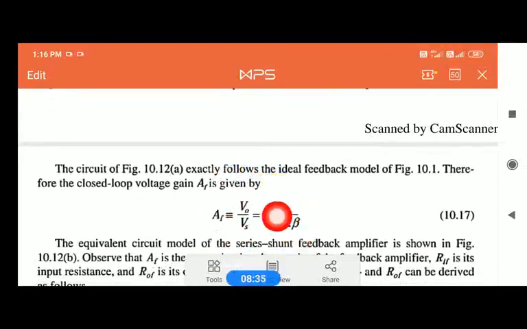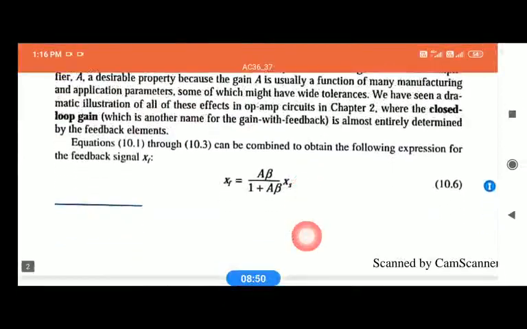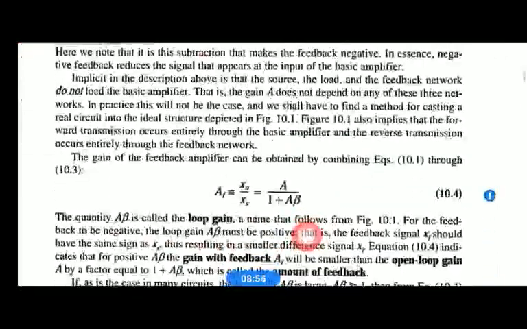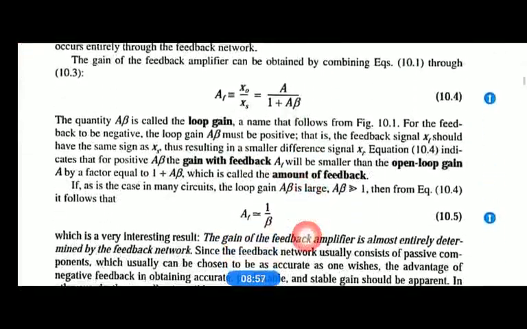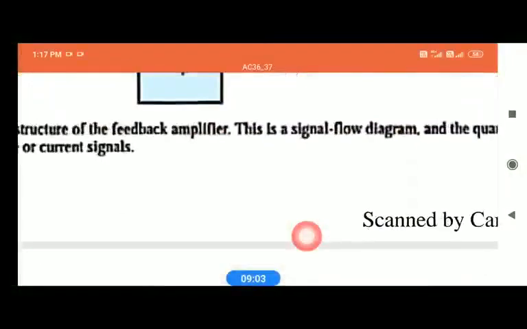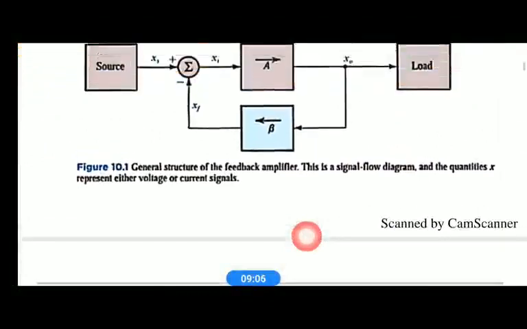We derived that AF is equal to X0 by XS, which is equal to A divided by 1 plus A beta. If you forget, we'll see once again here. We derived this equation in the feedback introduction. We consider X0 as our output signal, whether it is voltage or current.